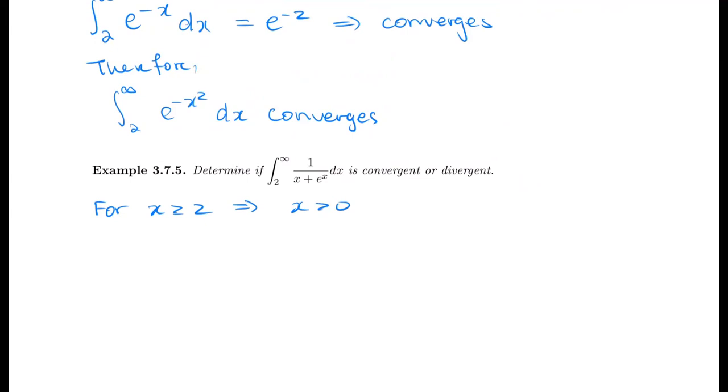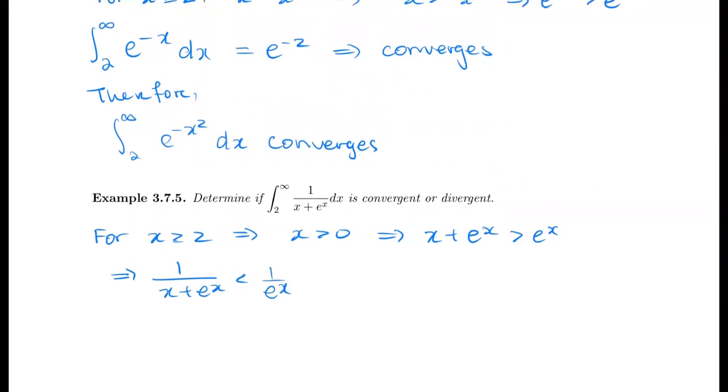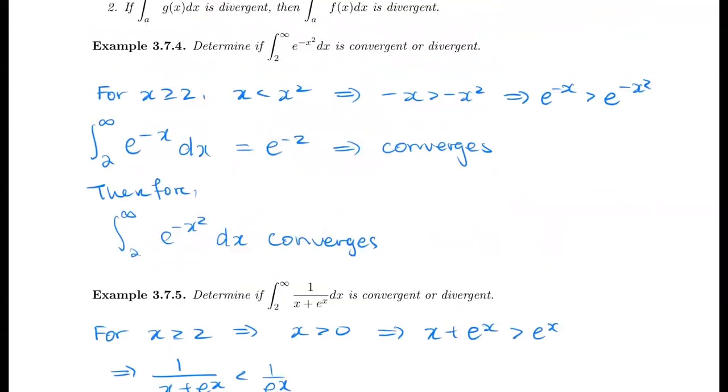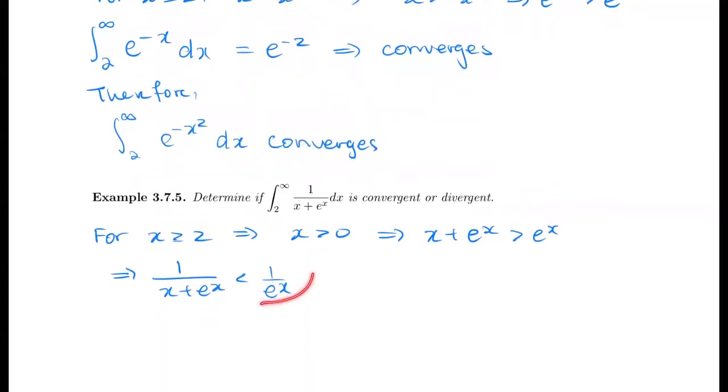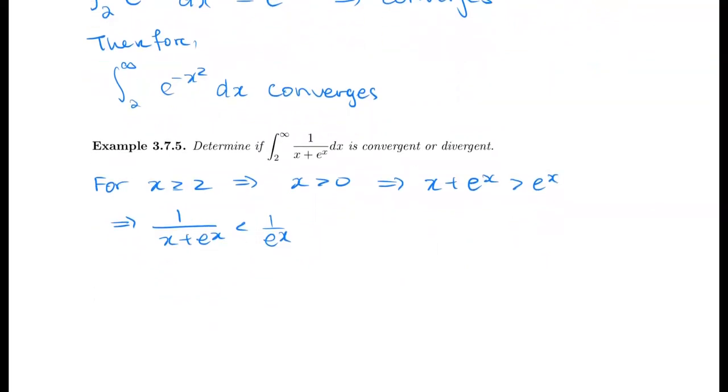But if we add e to the power x on both sides, x plus e to the power of x is greater than e to the power of x. And so if we take the reciprocal, 1 over x plus e to the power of x is smaller than 1 over e to the power of x. So what we have here is a larger function.